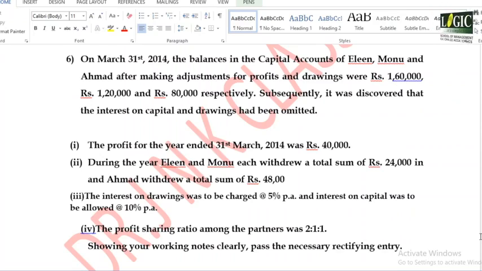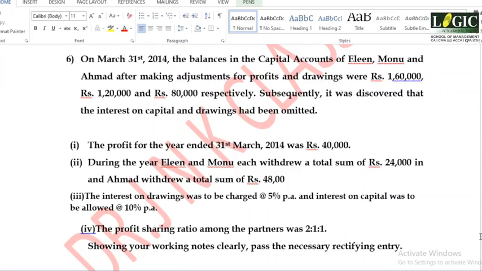Interest on capital and interest on drawings, they mean. So what I wanted to tell you is, in this question, you cannot simply apply 10% interest on capital straight away on 1,60,000, 1,20,000 and 80,000, because they are closing balances of capital.